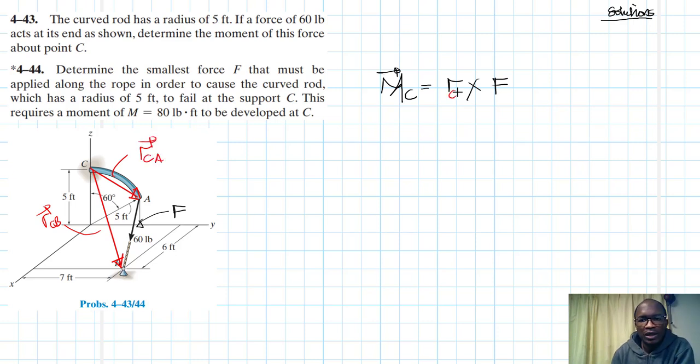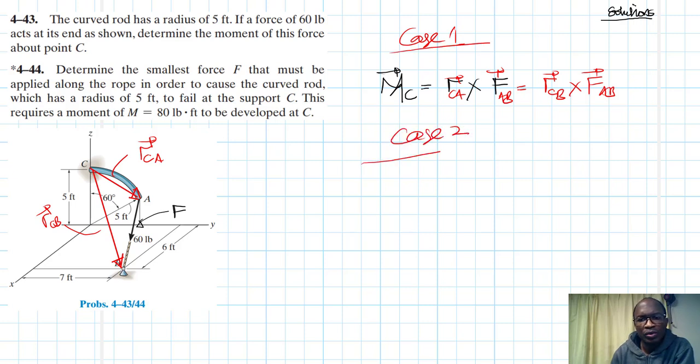So therefore, RCA cross the force FAB is also equal to RCB cross FAB. So both can give us the same solution or the same answer. This is in case 1.